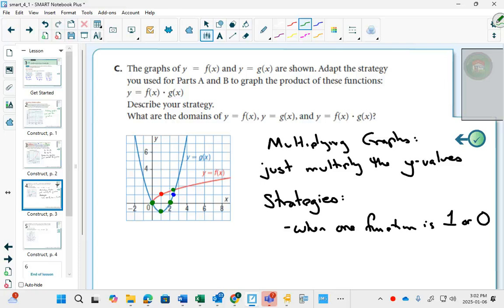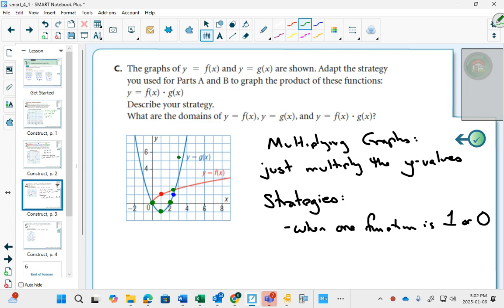Other than that, you could just estimate, like this is going to be 3 times maybe 1.8. What is 3 times 1.8? About 5.4. So you could estimate that way.